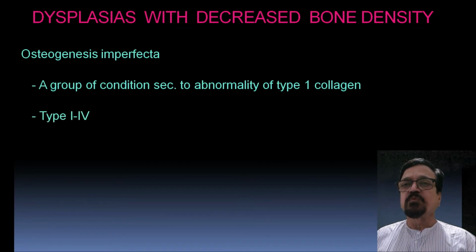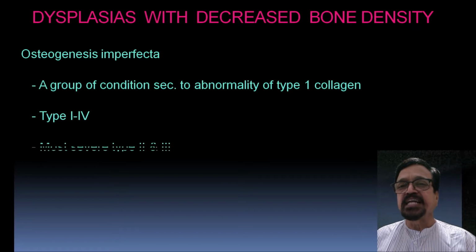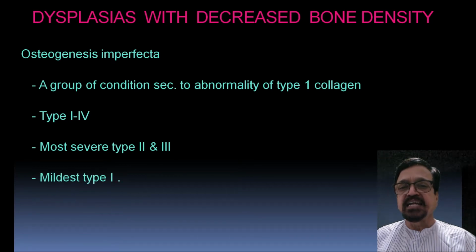Now we are going more into details of osteogenesis imperfecta as far as genetics is concerned. It's a group of conditions secondary to abnormality of type 1 collagen, then type 1 to 4, the most severe types are 2 and 3, and the mildest is the type 1 variety.